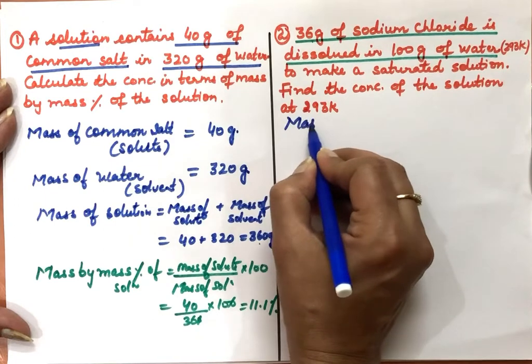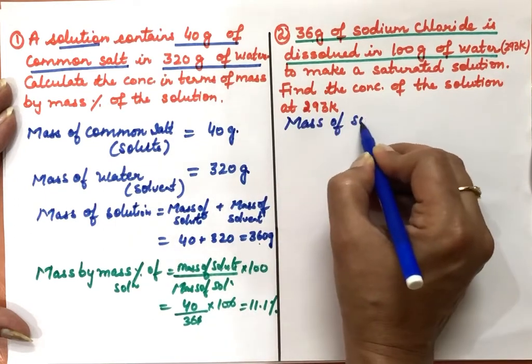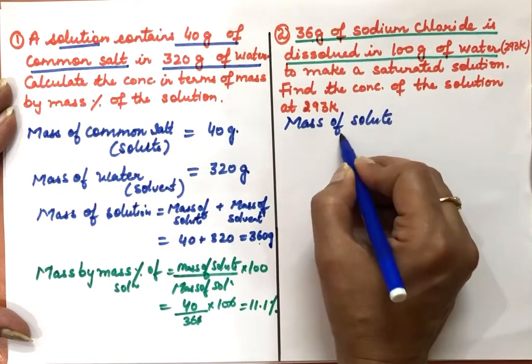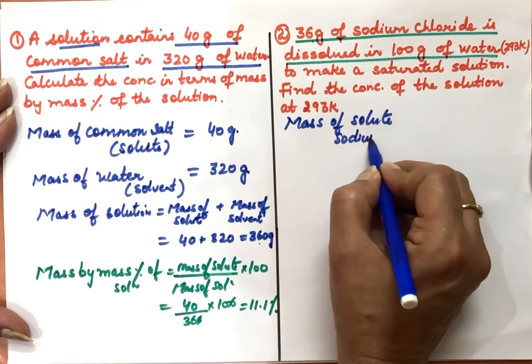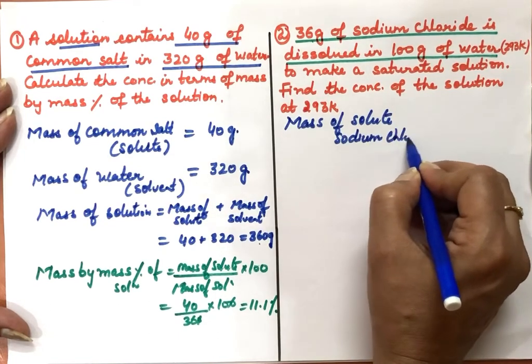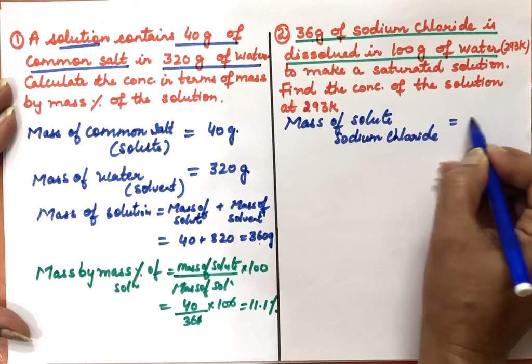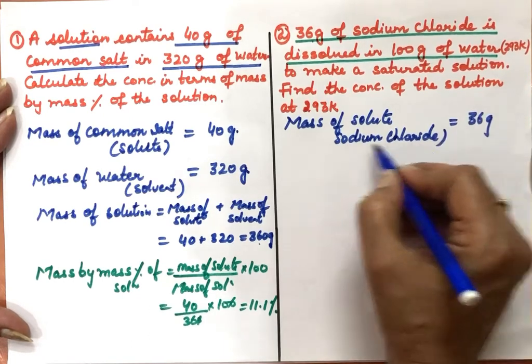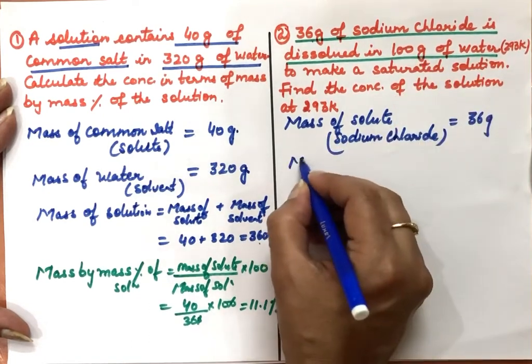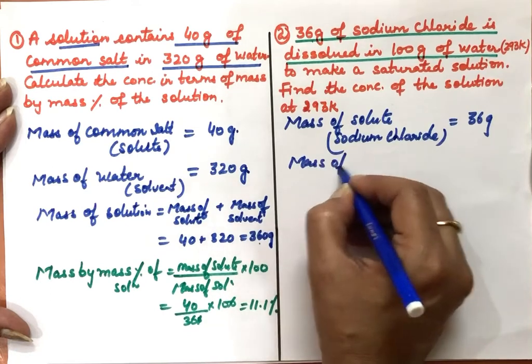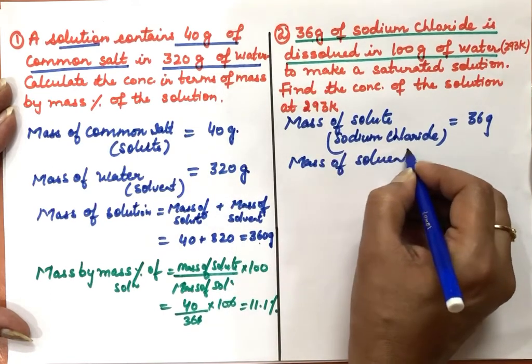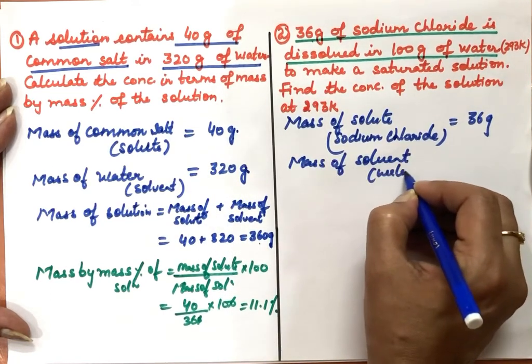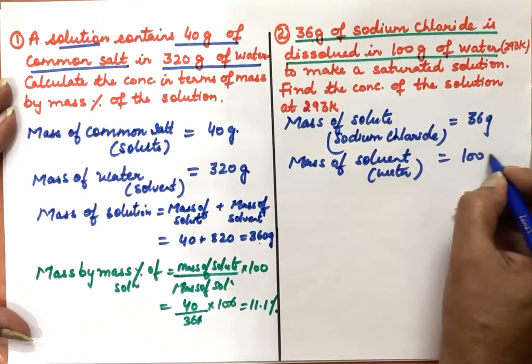First write the mass of solute, that is sodium chloride, it's common salt only, and the amount of this is 36 grams. Then mass of the solvent, that is water here. Mass of solvent water is 100 grams.